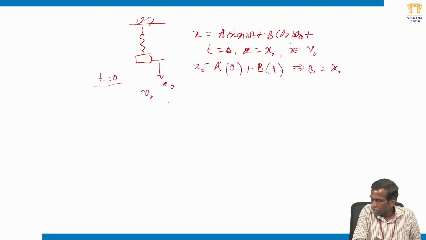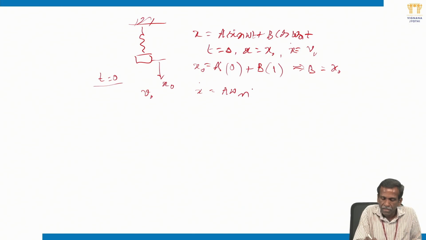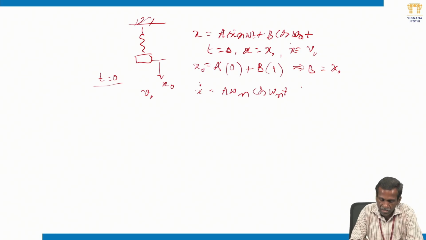Further, differentiate this equation with respect to time. x dot equals a omega n cos omega n t minus b omega n sin omega n t, because the derivative of cos omega n t is minus sin omega n t.